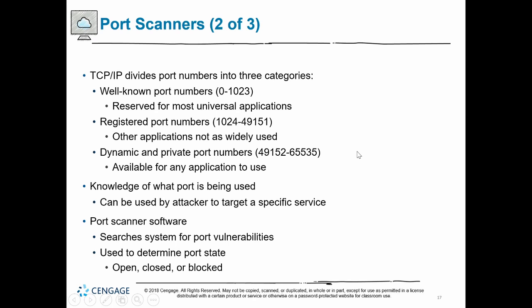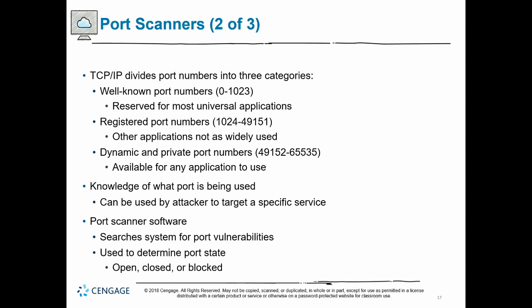So, still talking about ports, TCP/IP. The ports are usually divided into 3 categories. Well-known ports, which are reserved and used for the most universal applications, are 0 through 1023. These are usually universally known.